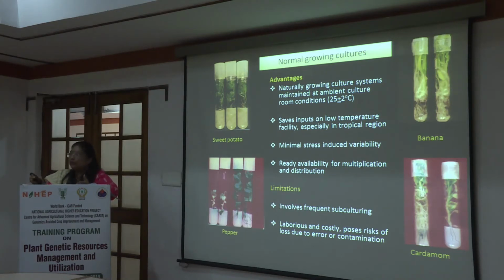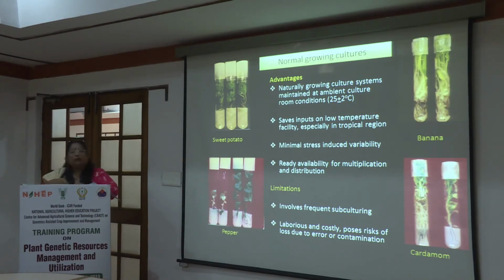If anybody has handled tissue cultures, they will know normally any culture will go easily up to 3 months without any problem. After that, the medium gets depleted and it needs to be subcultured. So in some species which are inherently slow growing, we can simply grow them on a typical multiplication medium and subculture every 6 months or 8 months, and that depends on the species.